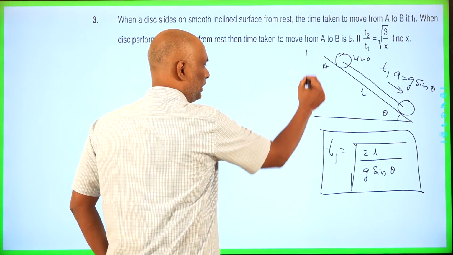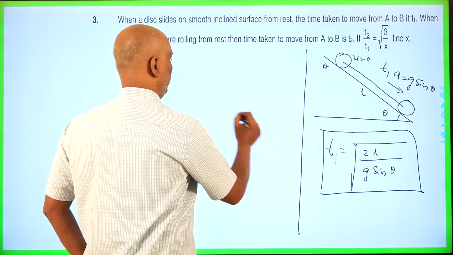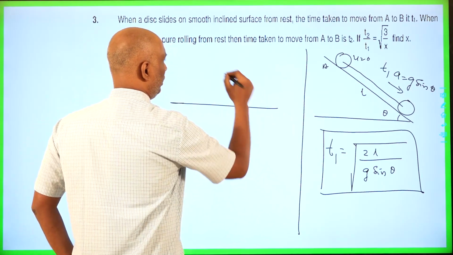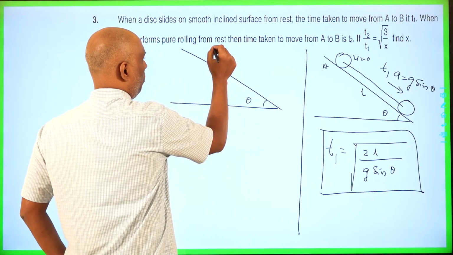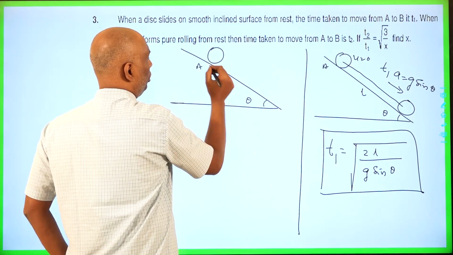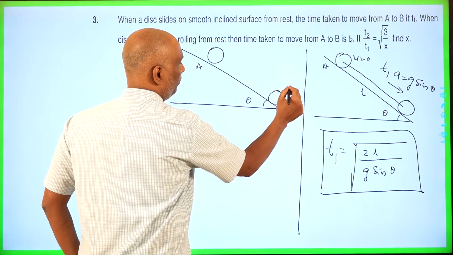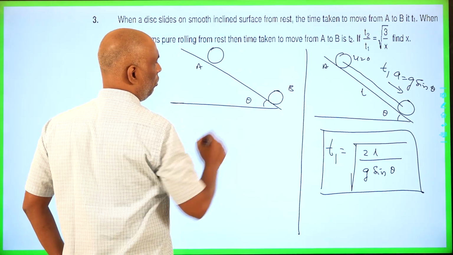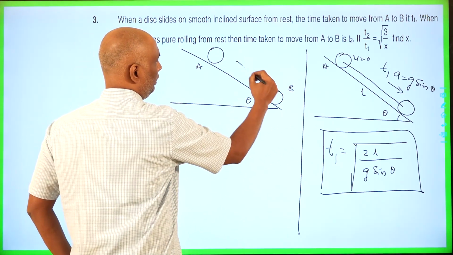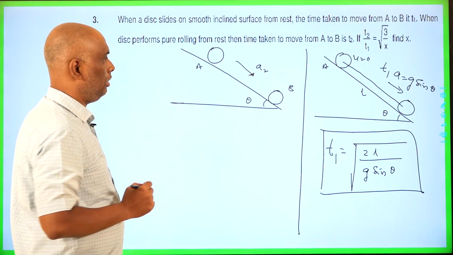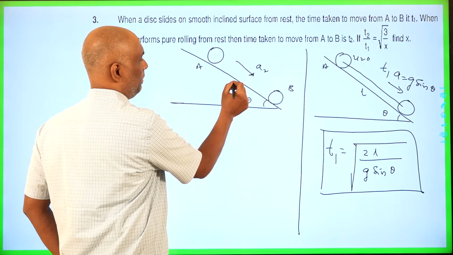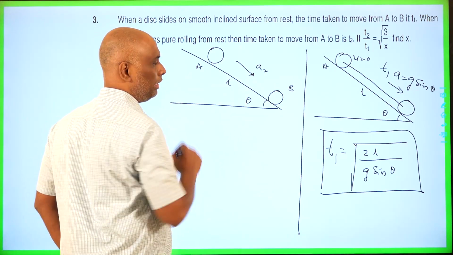In the second case, a similar inclined plane is taken, but here the body is rolling without slipping. The same angle of inclination is theta, and the body is rolling from position A to position B, covering a displacement L with an acceleration a2.